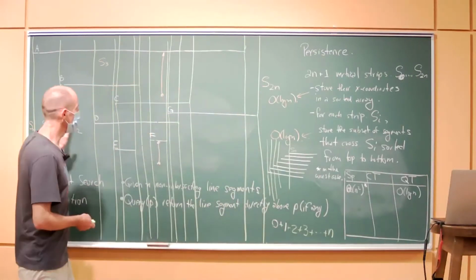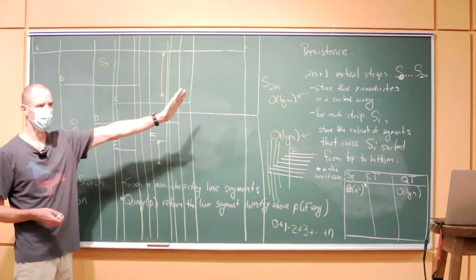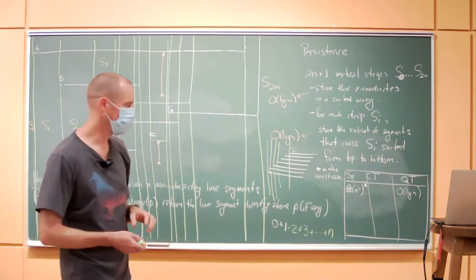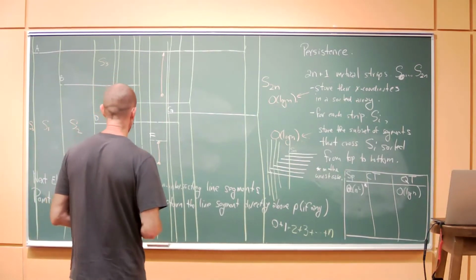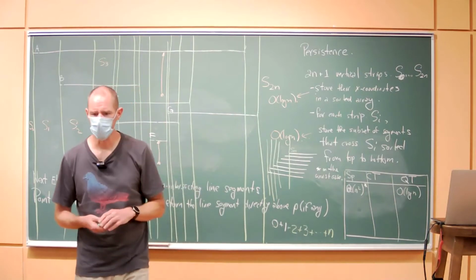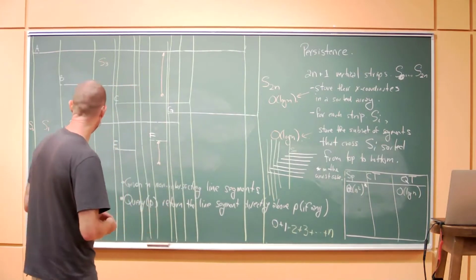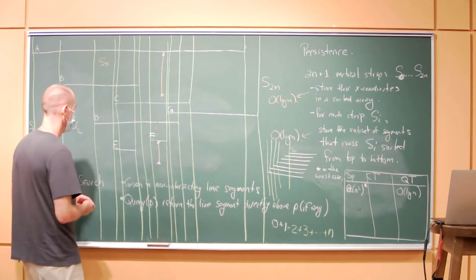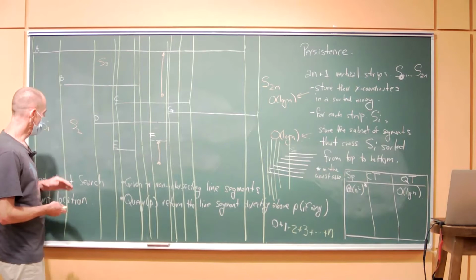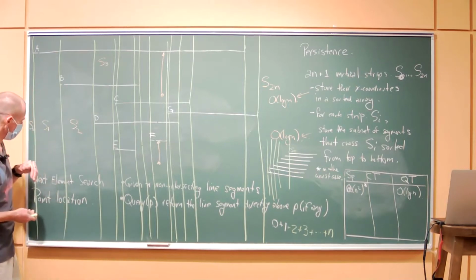To do that, all you have to do is sort the endpoints of your line segments by x coordinate. So that can be done in n log n time using your favorite sorting algorithm. Since we've been talking about treaps, you might as well use quicksort as your sorting algorithm. That part is easy.